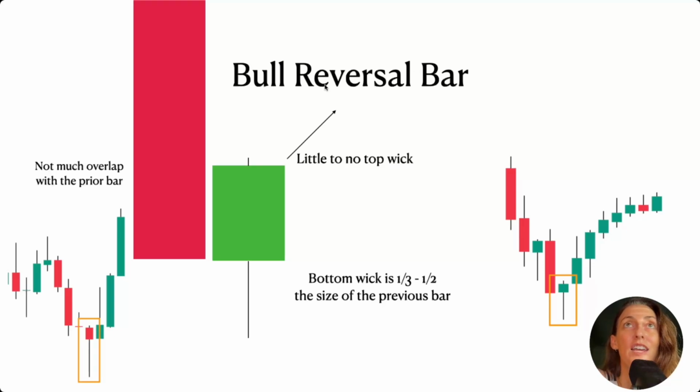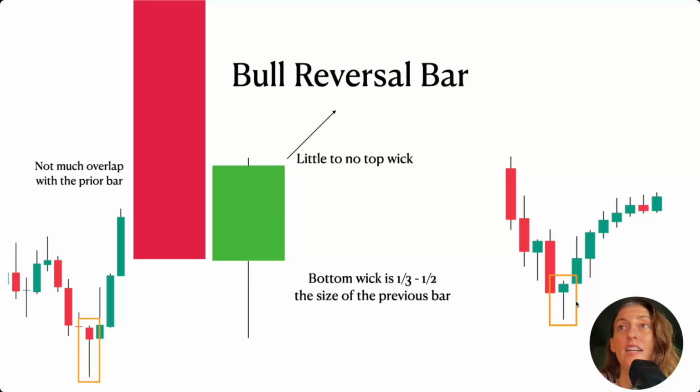So here is a bull reversal bar. There is not a lot of overlap with the prior bar. So it is kind of like a smaller bar compared to the prior bars. There is little to no top wick, but there is a pretty big bottom wick that is 1/3 to a half the size of the previous bar.